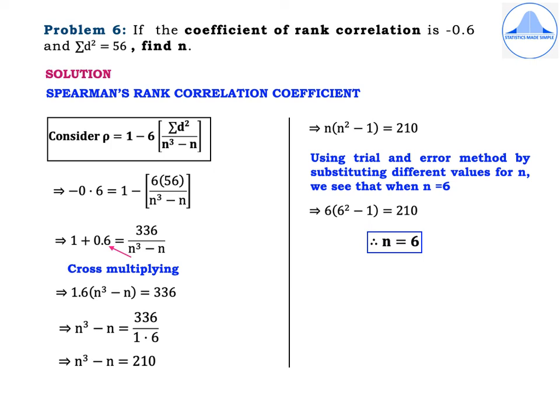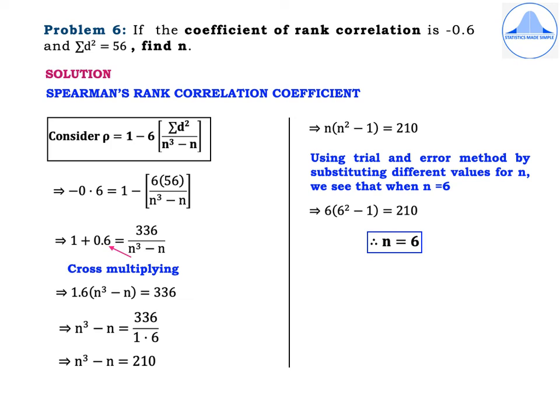Problem 6. If the coefficient of rank correlation is minus 0.6 and summation d square is equal to 56, find n. Solution: Spearman's rank correlation coefficient formula. You can write, that is, rho equal to 1 minus 6 times summation d square divided by n cubed minus n, which implies minus 0.6 is equal to 1 minus 6 into 56 divided by n cubed minus n.